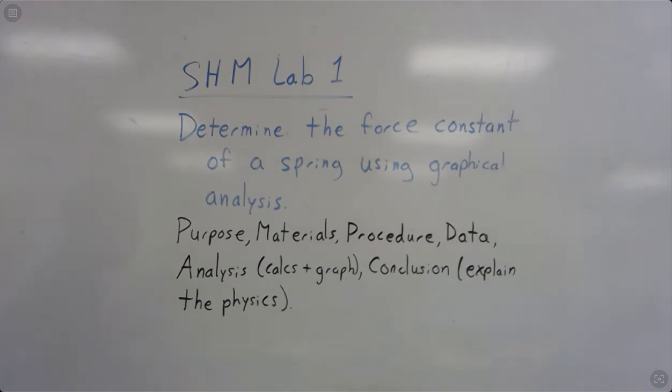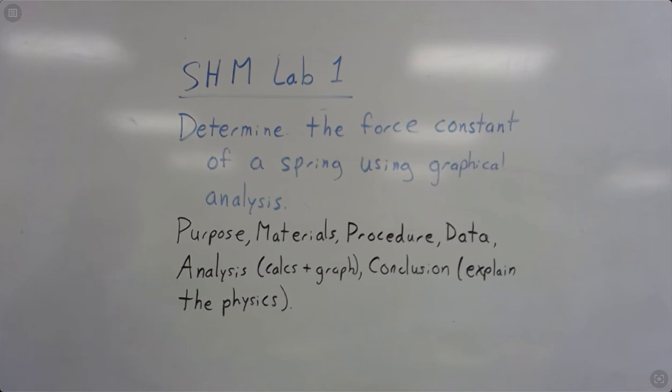You will take data that will end up being put into a graph. Maybe you calculate something with it beforehand, maybe you don't, but whatever you do, you have to find something to put into a graph that you can then analyze only the graph to figure out the force constant. And to give you the biggest hint of them all, you need to analyze the line of best fit for your data.